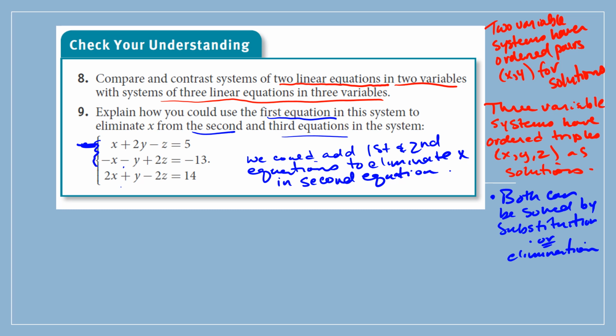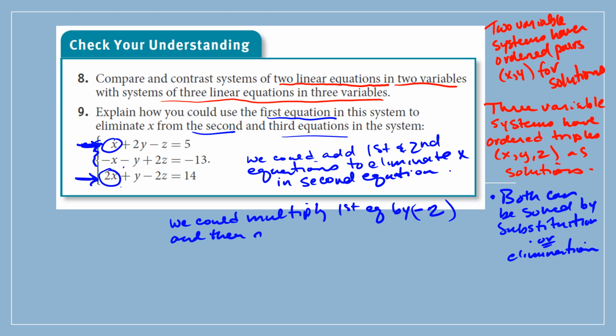So then we could use this first equation to eliminate x from this third equation by, if you see, we've got an x and a 2x. So we could multiply the first equation by -2 and then add the first and third equations to eliminate x.